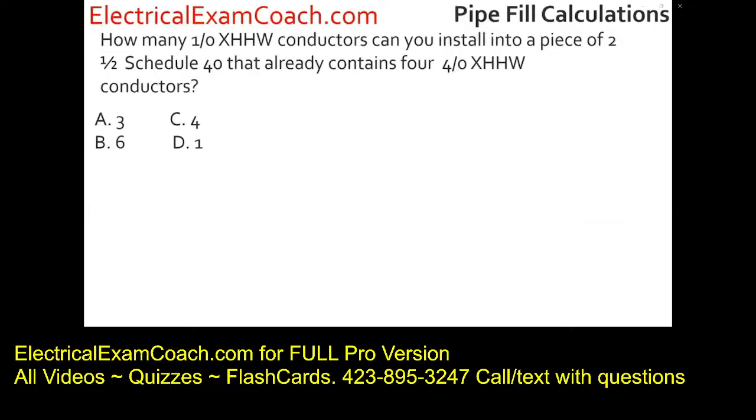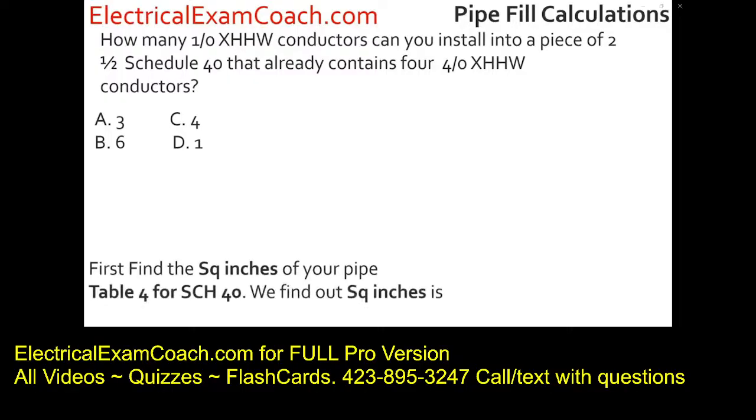How many 1/0 XHHW conductors can you install into a piece of 2.5-inch Schedule 40 that already contains 4 4/0 XHHW conductors? So the first thing we're going to find out is the square inches of our pipe. For that, we're going to head to Chapter 9, Table 4, for Schedule 40.